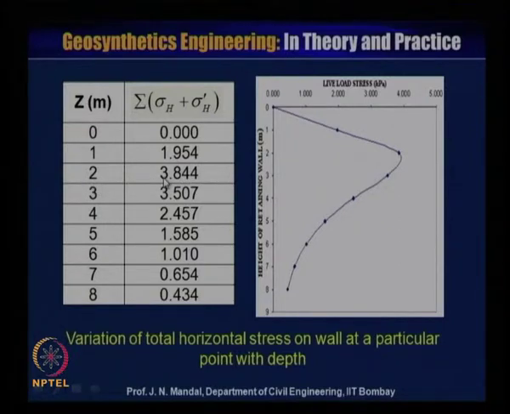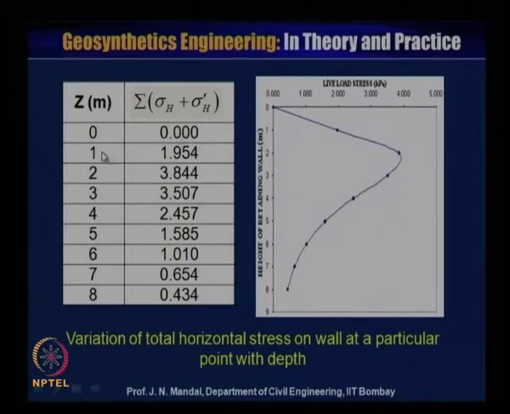So what will be the horizontal stresses acting on the wall for various depths? For 3 meter, you can sum up sigma h plus sigma h dash, which will give 3.507. Similarly, when z is equal to 4, this summation will be 2.457, at 5 it is 1.585, at 6 it is 1.010, at 7 it is 0.654, and at depth 8 this will give 0.434.